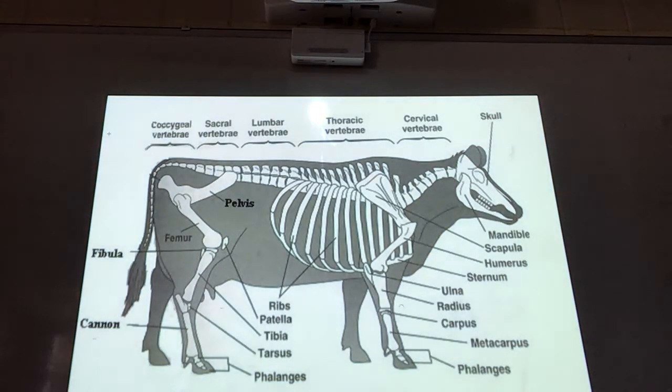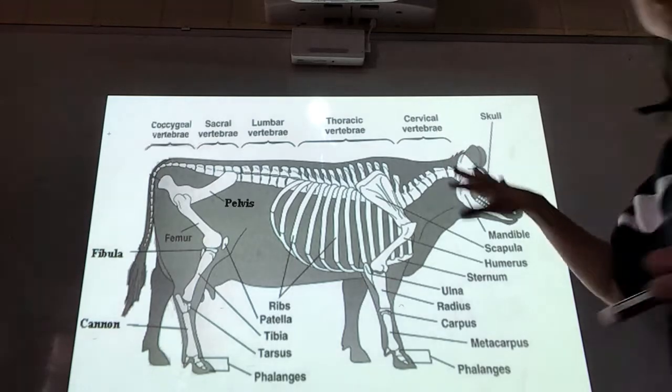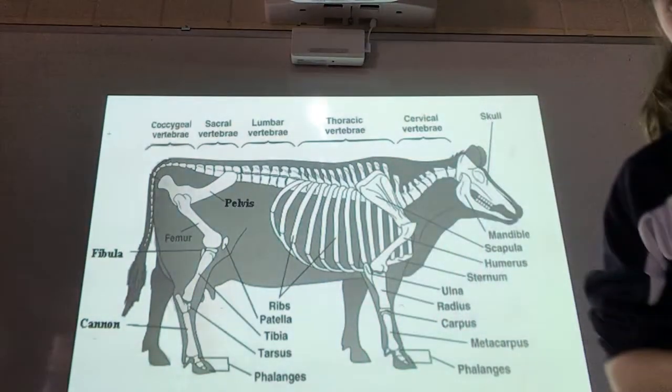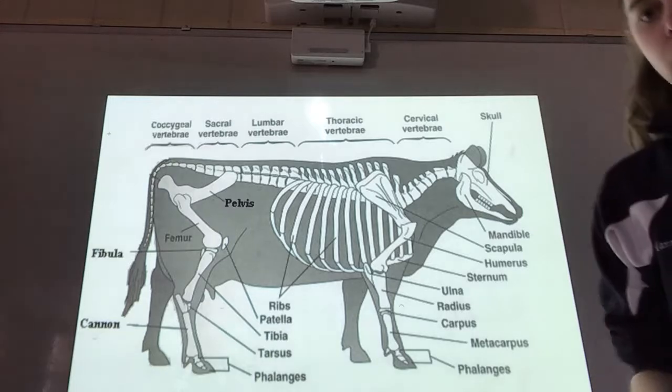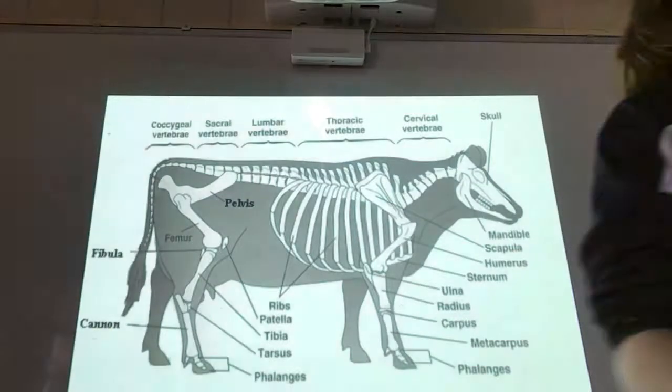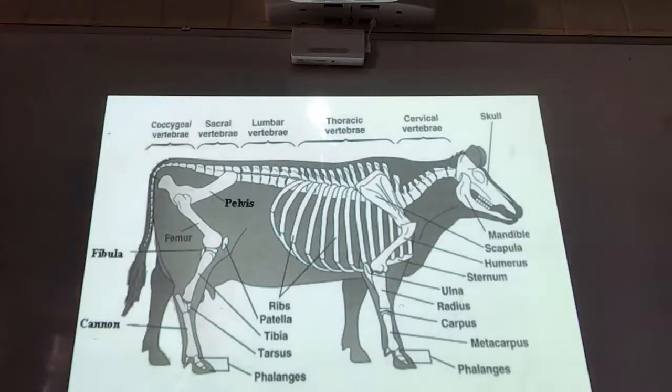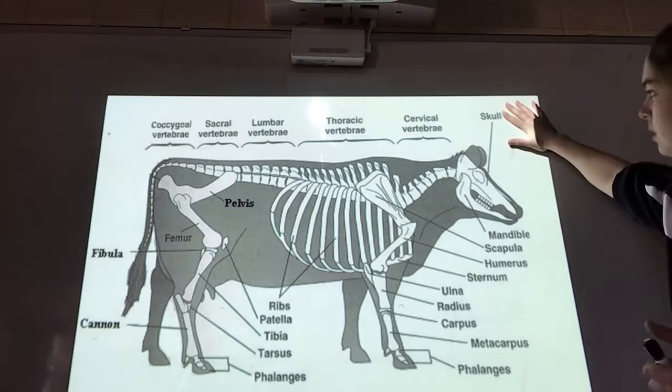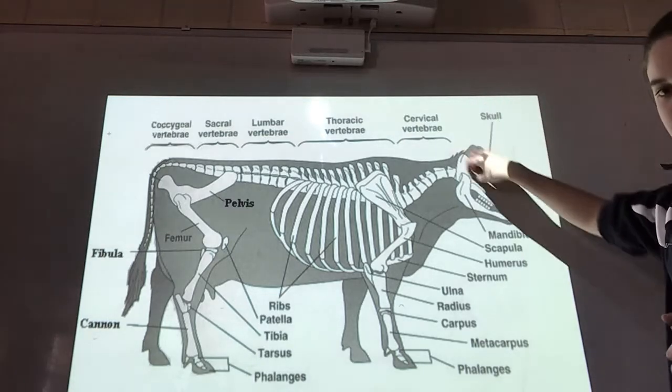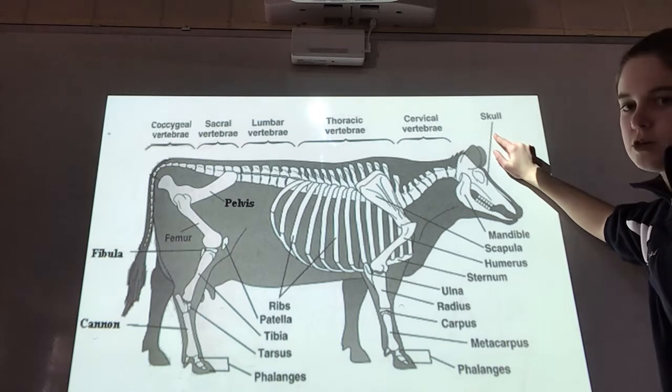What I'm going to do is write a few notes on it to hopefully help you remember what these different parts are. So, starting here, skull. Most of us probably know what our skull is.